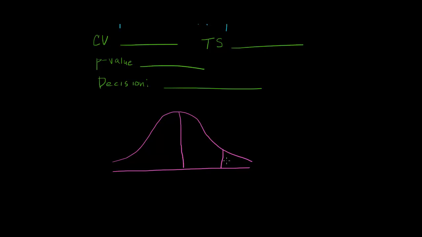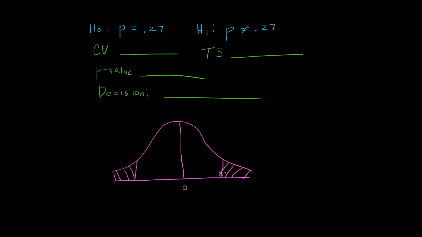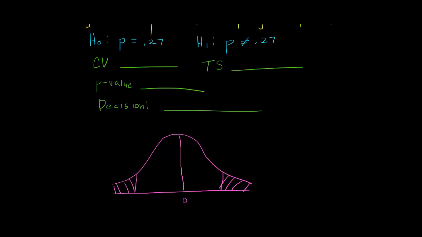This time we'll have two critical values because we have a two-tailed test. And our alpha was equal to 0.01, but we'll have to split that and have alpha over 2 on each side, or 0.005 here and 0.005 here.